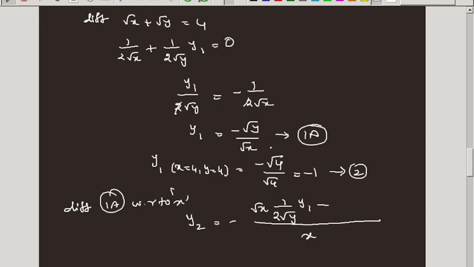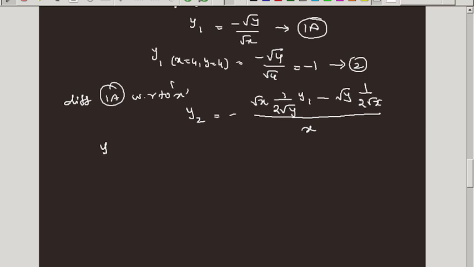Now we write the root y as it is, differentiate the denominator root x. So root x is nothing but 1 by 2 times root x. We have y2, x is 4, y is 4, and here we have the value y1 is minus 1.